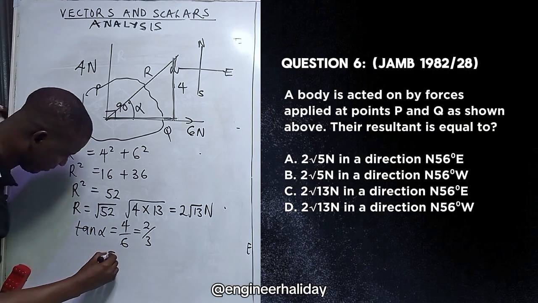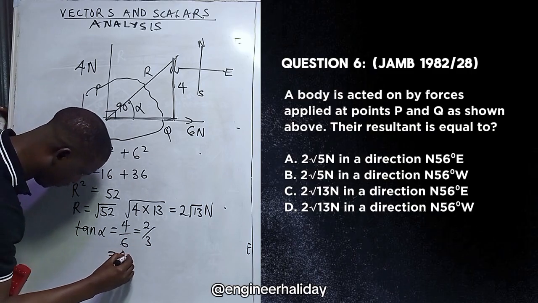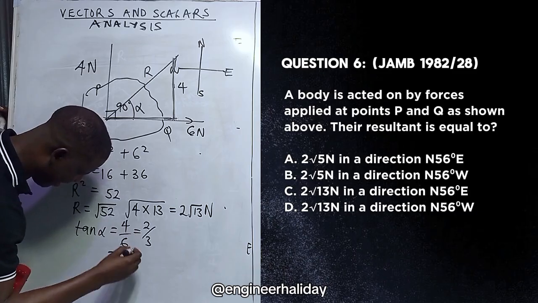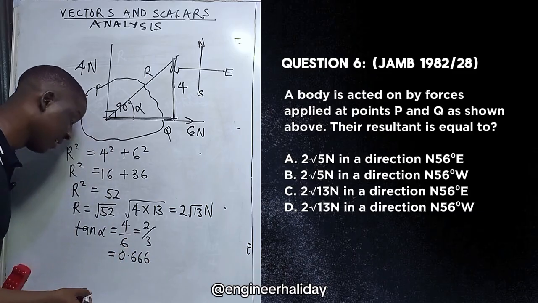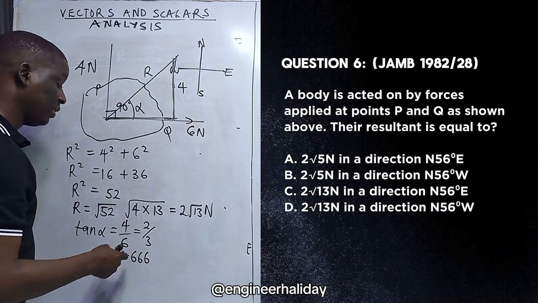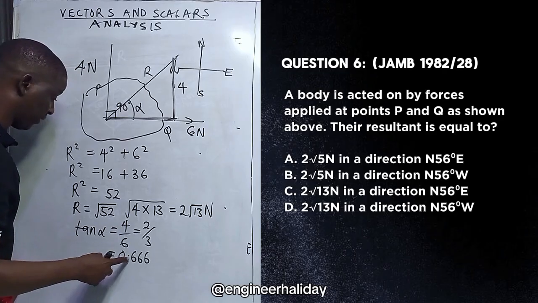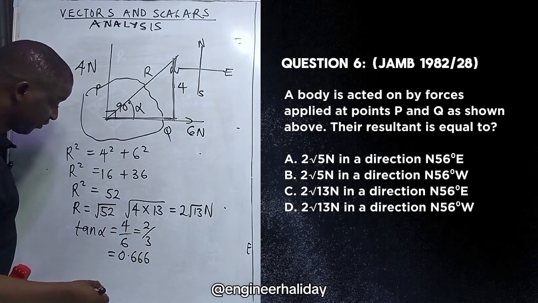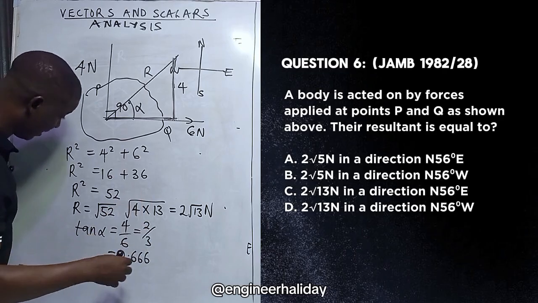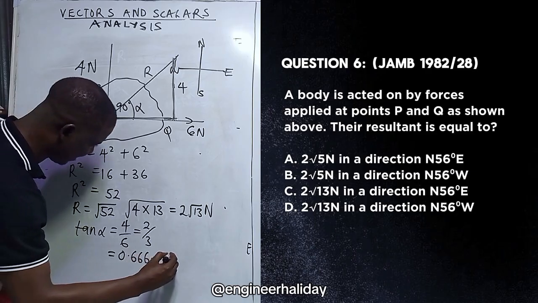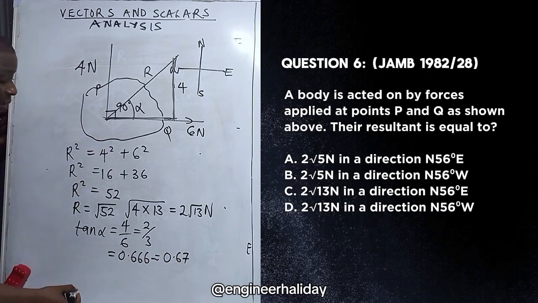What is 2 over 3? 2 over 3 is 0.666, because how many 3 can go in 20, we put 0 and we would have 6, again 26. So approximately 0.67 as the case may be.